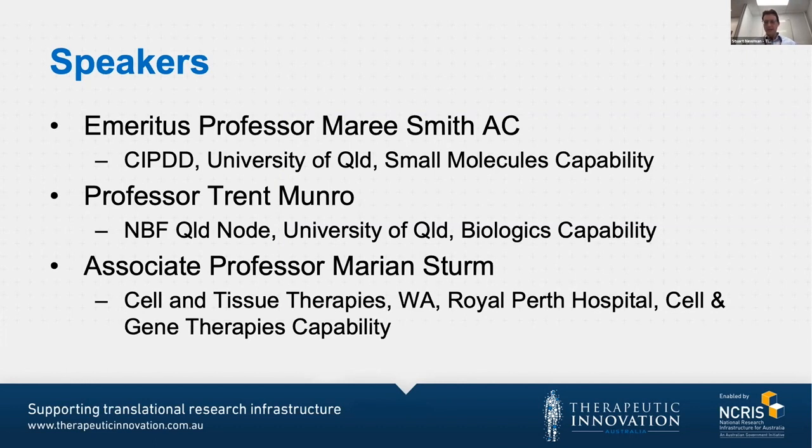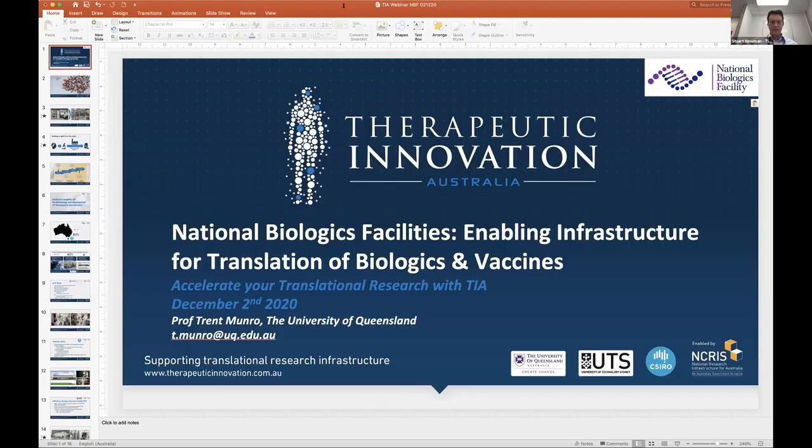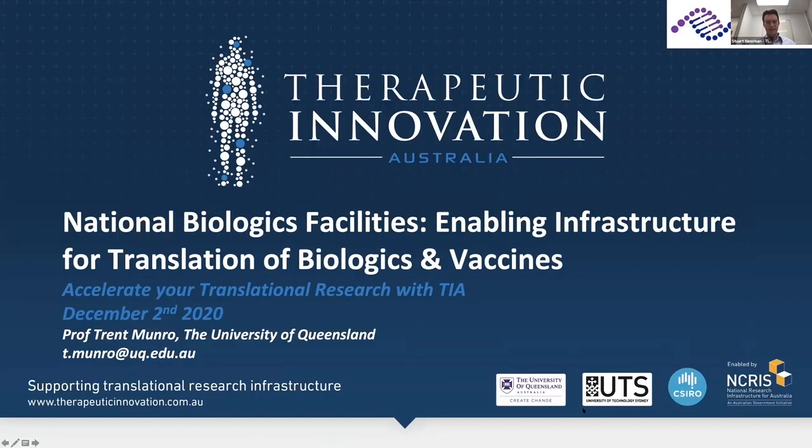Trent has been kept very busy lately as the program director for the CEPI-funded UQ vaccine rapid response pipeline, and has been heavily involved in development of the vaccine based on molecular clamp technology discovered at University of Queensland, developed and protected by UniQuest. So without further ado, thank you very much, Trent.